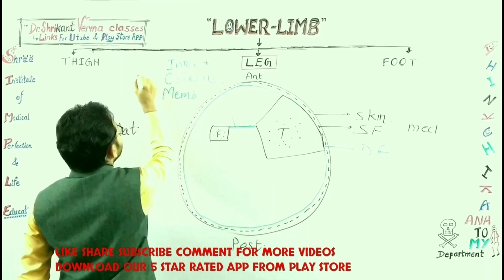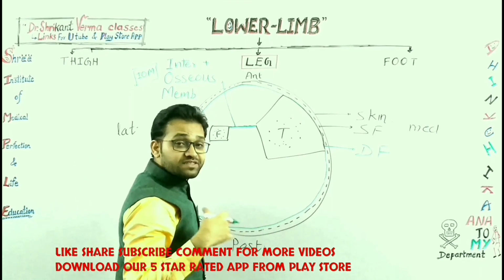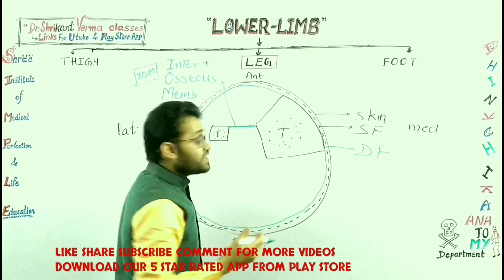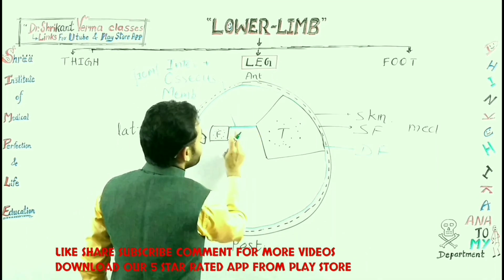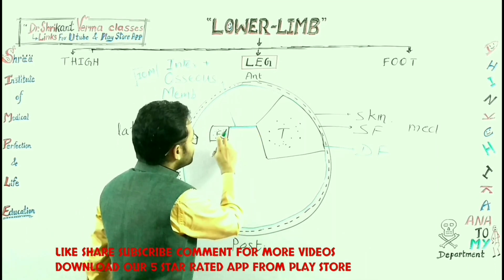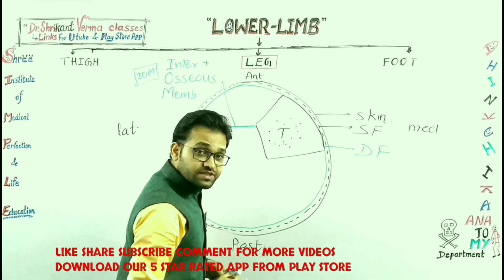That's why this is the interosseous membrane. Now in short, we will indicate this interosseous membrane as IOM. So why is it known as the interosseous membrane? Because this membrane is situated between two bones. That's why this is known as the interosseous membrane.